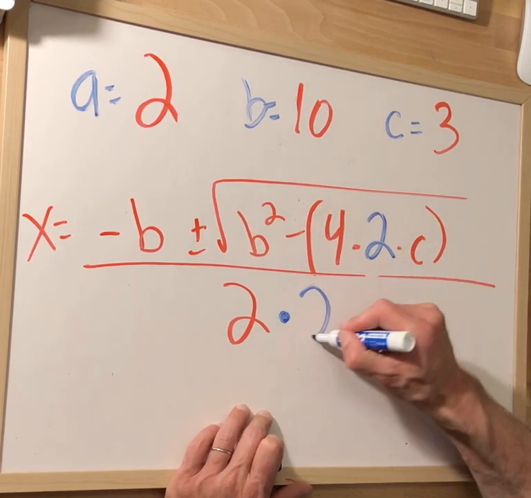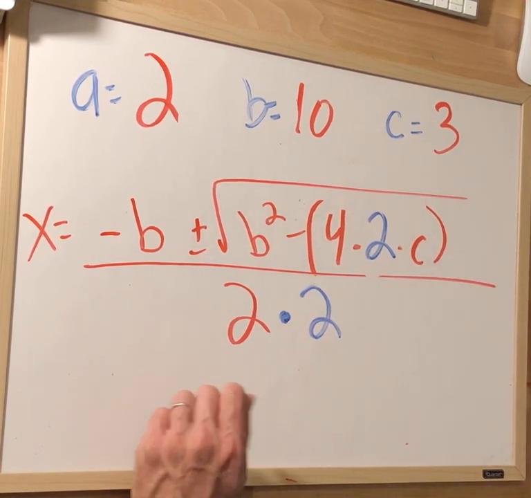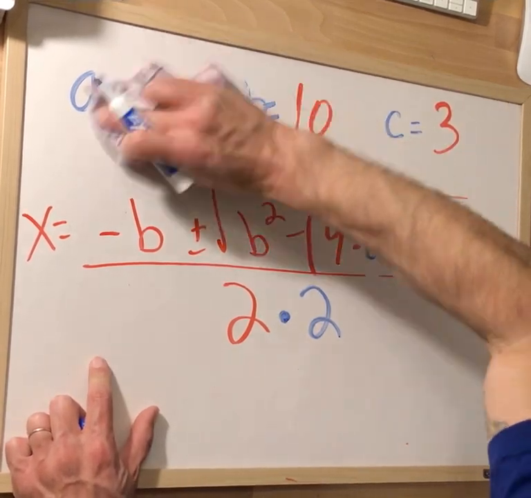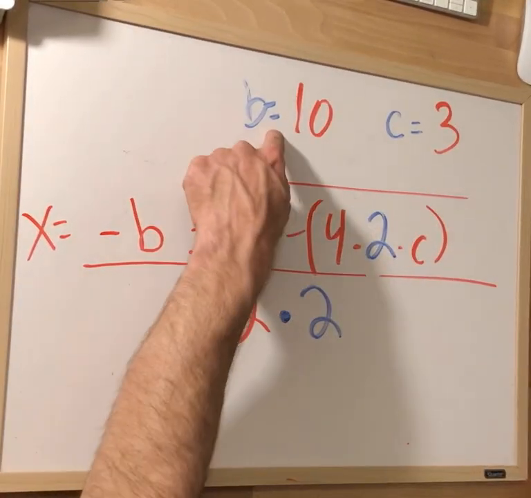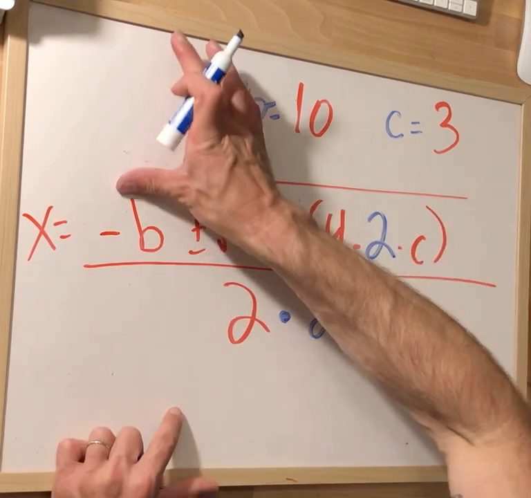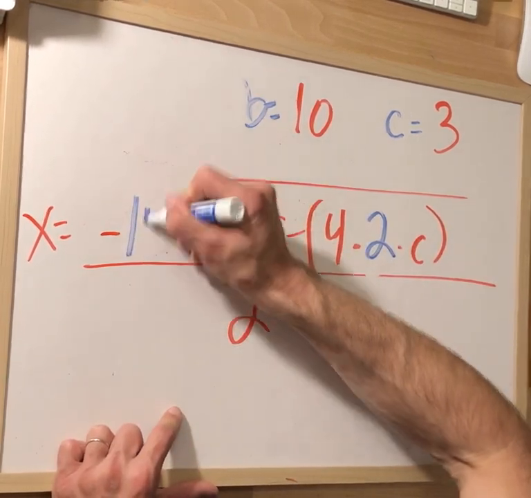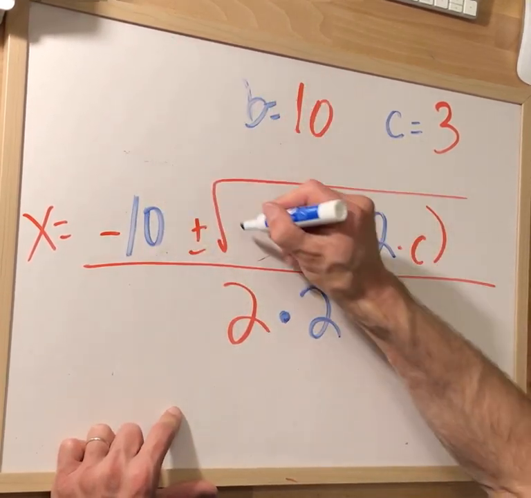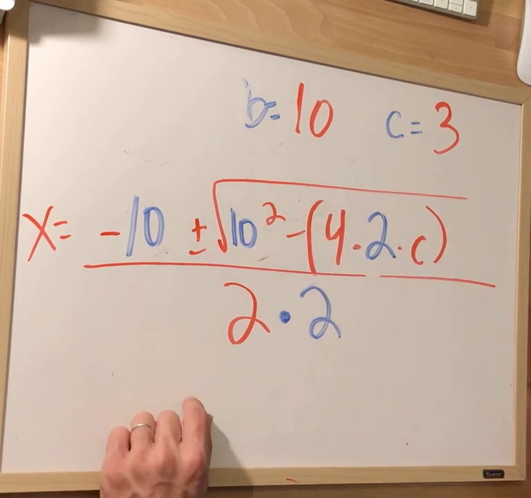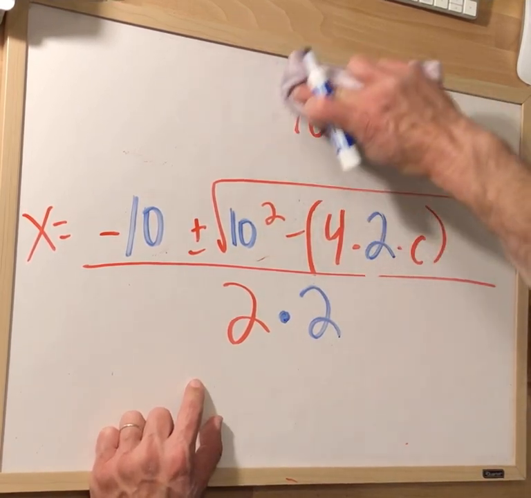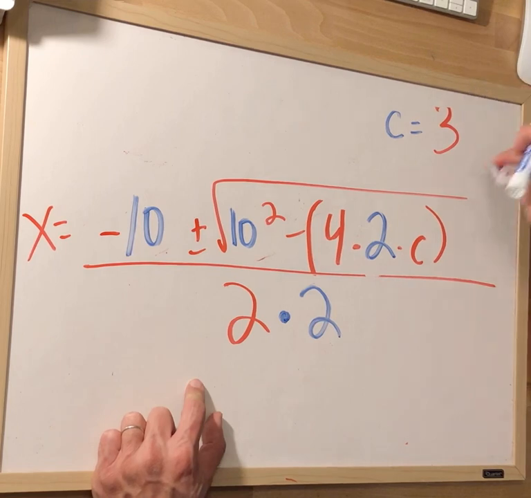Don't simplify anything yet till you've plugged in everything. My next step, wherever I have a b, I'm going to plug in a 10, here and here. And then lastly, wherever I have a c, I'm going to plug in 3.